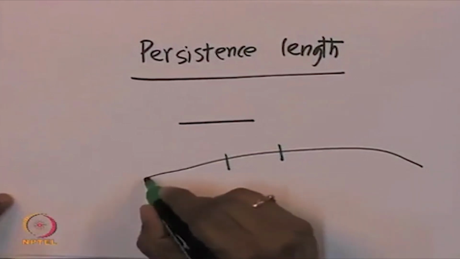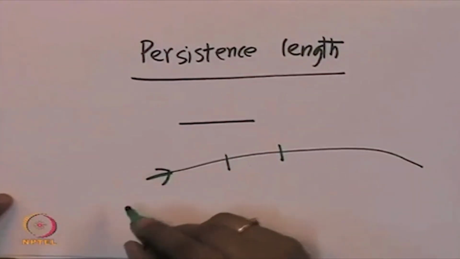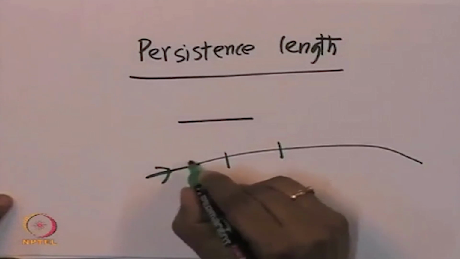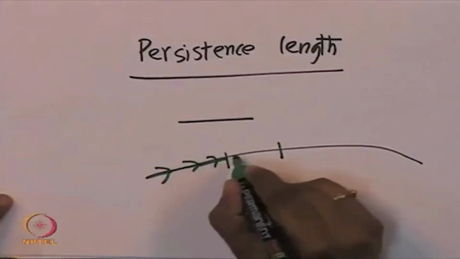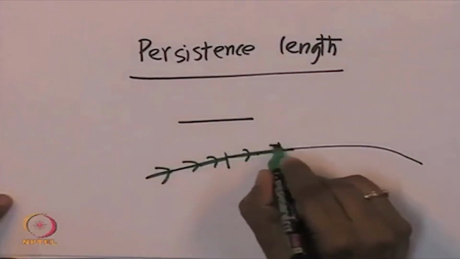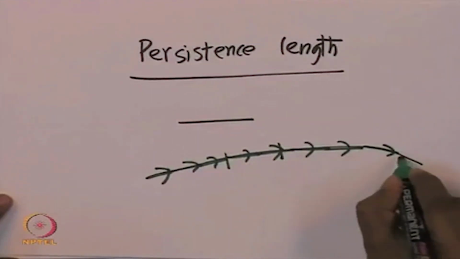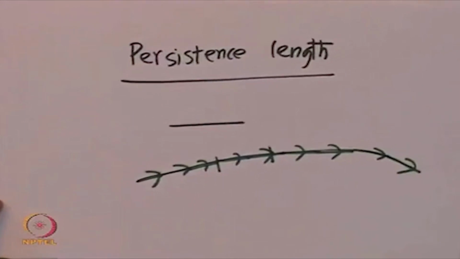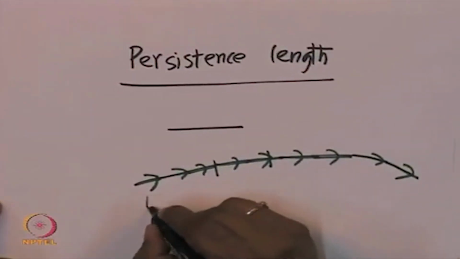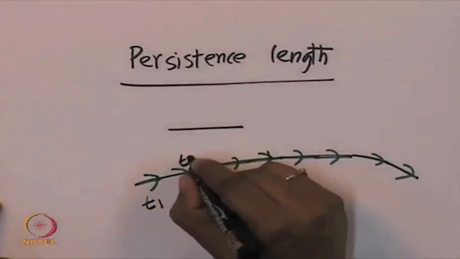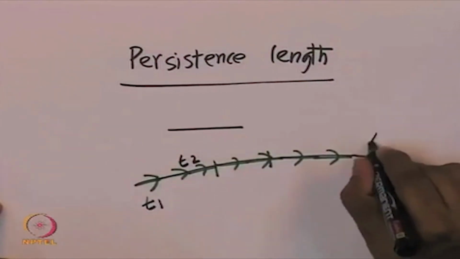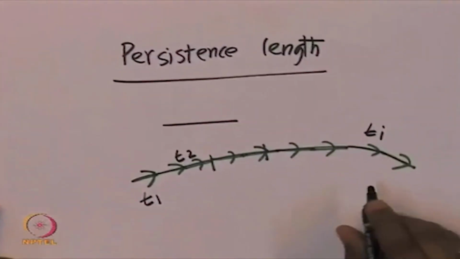If you think of tangents here, so if you draw many tangent vectors, this is tangent 1, this is tangent 2, and let me call this tangent i.